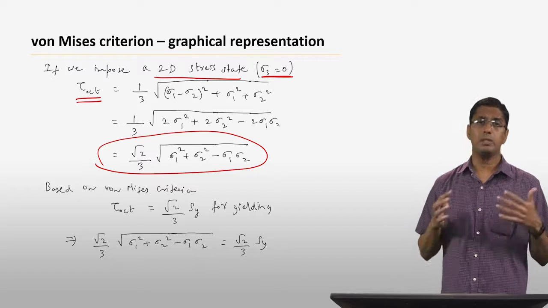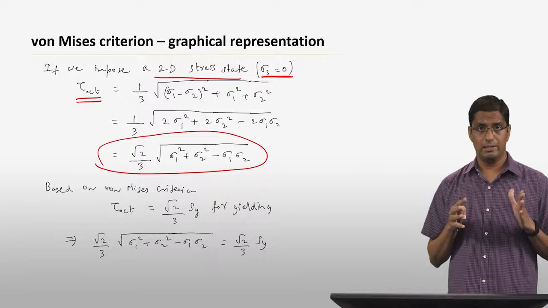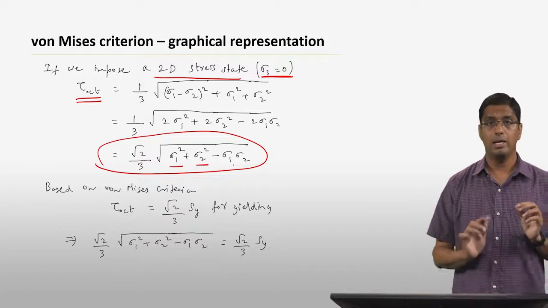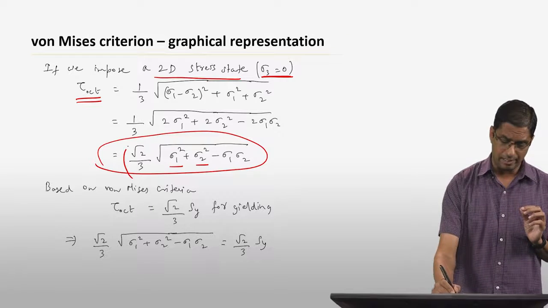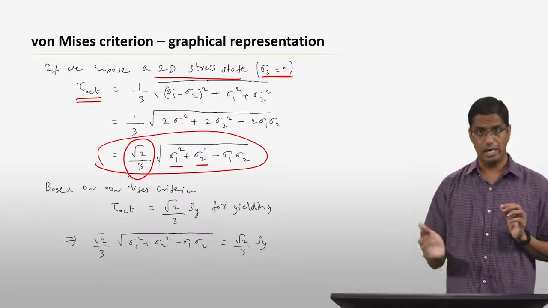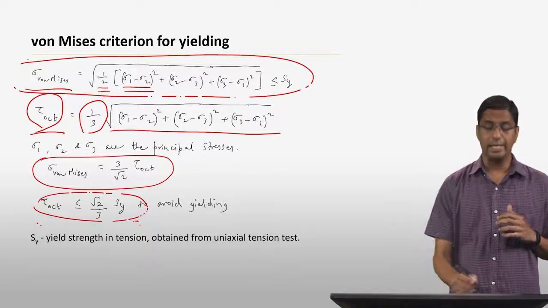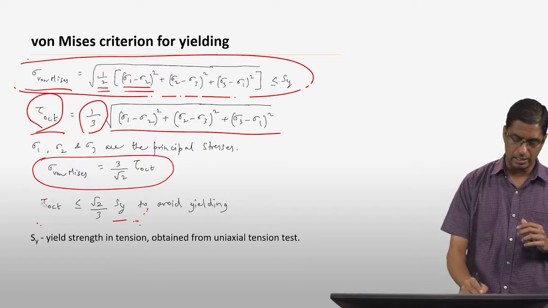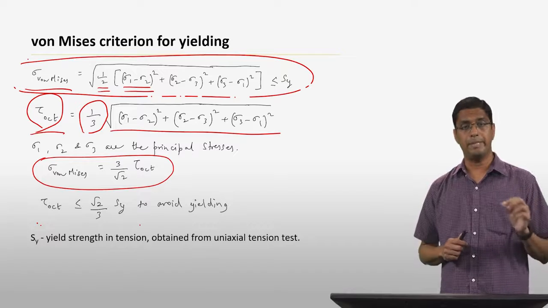Now, if you look at this formula here, it essentially contains only sigma 1, sigma 2, and no sigma 3. And you also have a factor of root 2 over 3 outside the square root. And if you go back, essentially the criterion for yielding is that tau octahedral should be less than or equal to square root of 2 divided by 3 times Sy.